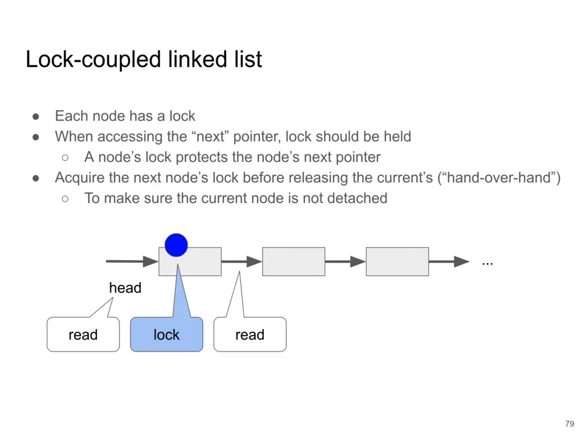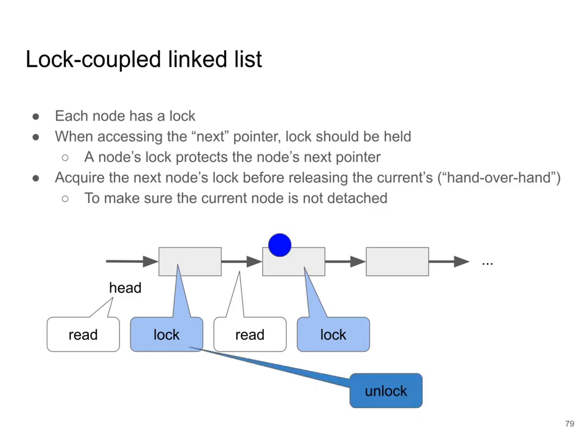You lock it, you lock the next one, and the hand is over now. Then you unlock the previous lock, and then you lock the next one, and again like this. So this is as if the locks are held hand over hand. That's the reason why this is lock coupling and hand over hand at the same time.